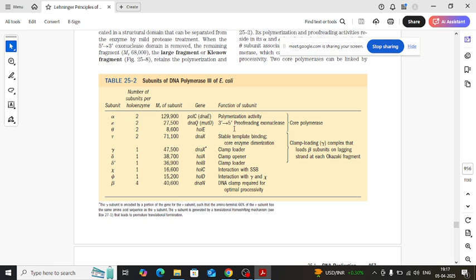Alpha has the polymerization activity, epsilon has the 3' proofreading activity, theta, and tau has the stable template binding activity. Gamma, delta, and delta dash are the clamp loader, and xi interacts with the single strand binding protein, so that whenever there is single strand DNA, the single strand binding protein will come and bind.